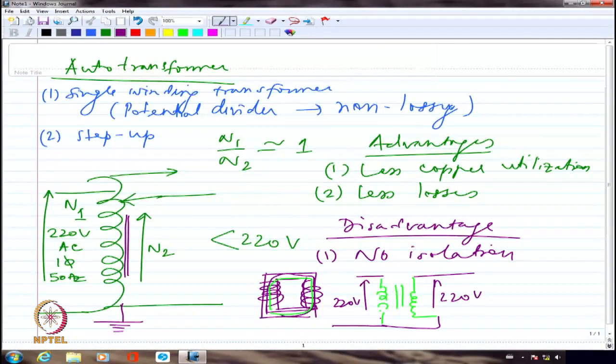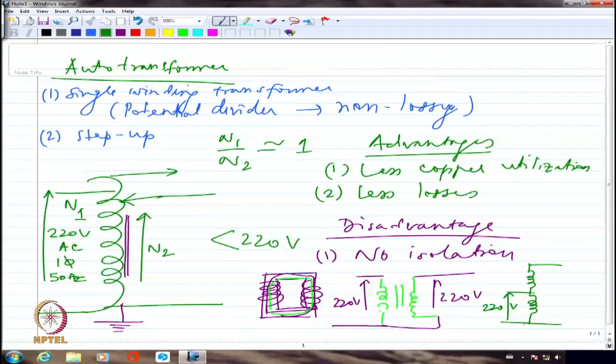Now, it is as good as connecting two transformers like this. So, this is 220 volts, this is another 220 volts. I am applying the supply here and I am taking the output here. I hope you understand. This is what is the equivalent. Now, if I say that this is my ground point, with respect to this, the potential at this point will be 440 volts.